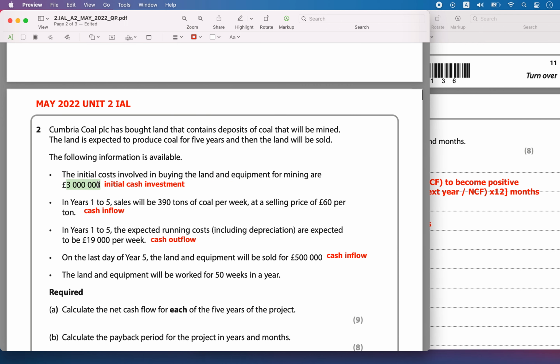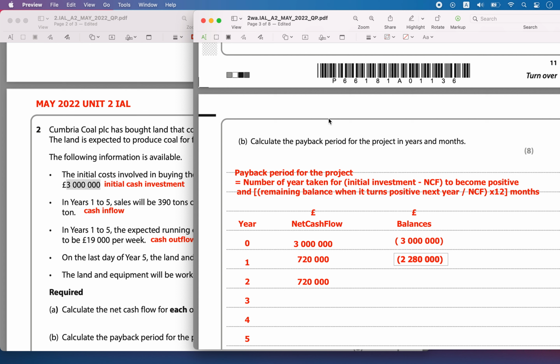Then the net cash flow in the second year is 720,000. The remaining balance from the initial investment is 2,280,000, minus 720,000, which is equal to 1,560,000. So this much will be left of the initial cash balance.